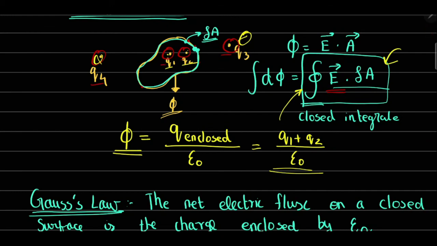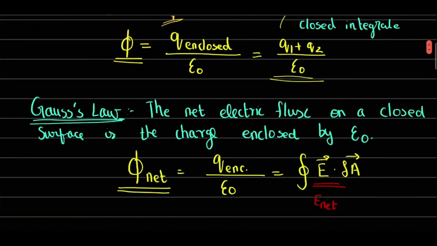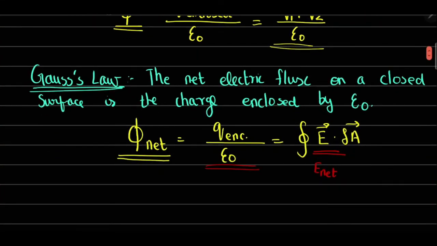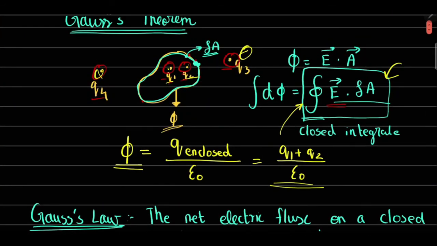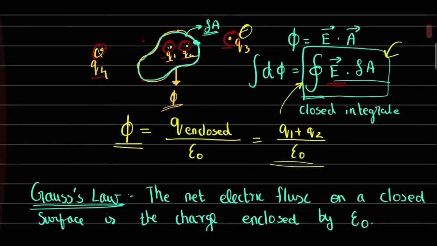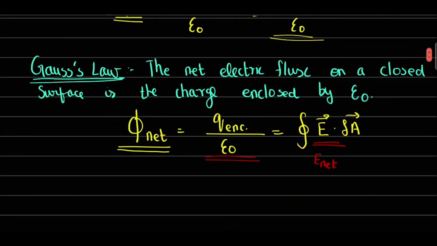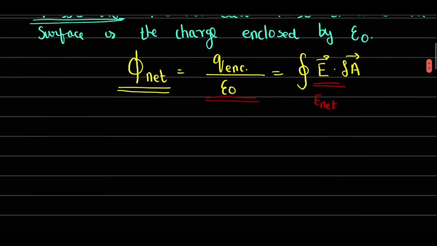Due to all these electric fields together, we are saying that this flux is equal to this value. So you should not consider the electric field of only Q1 or Q2. No, it's not said by Gauss like that. You should consider all the other charges in the entire system too, but together, whatever you do, the net electric field into the area integration will always give you the Q enclosed by epsilon naught. I hope you understood this concept.